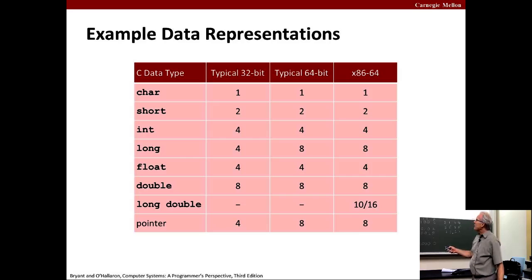So when you declare something to be a char, that's a 1-byte value. A short is 16 bits. An int is 32. And if you want to get all 64 bits, you have to declare it to be a long.